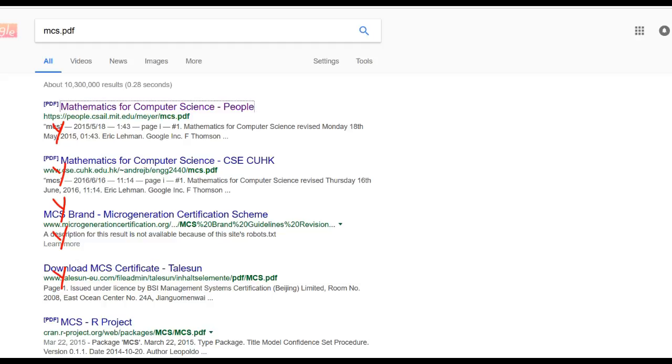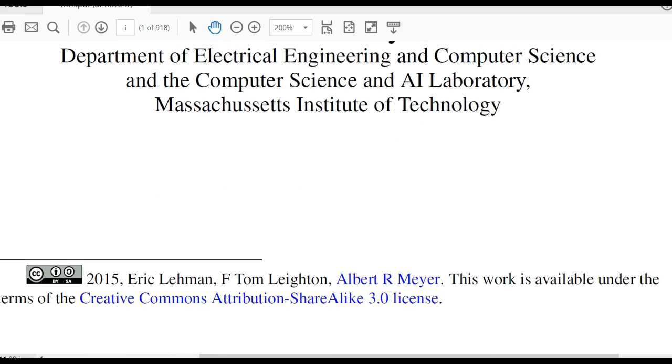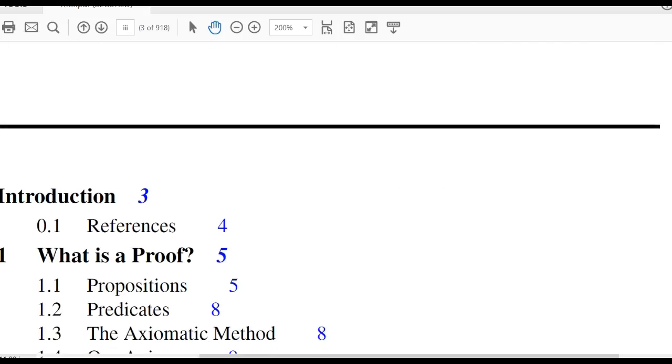So we have a very good reference. When you click this link, it will download Mathematics for Computer Science by Eric Lehman et al. And basically they have a very good text here as a reference.